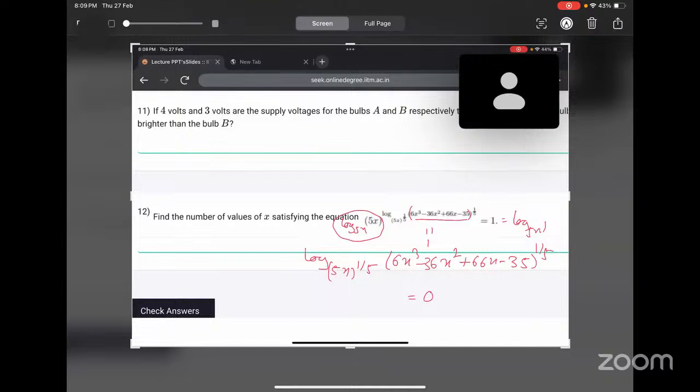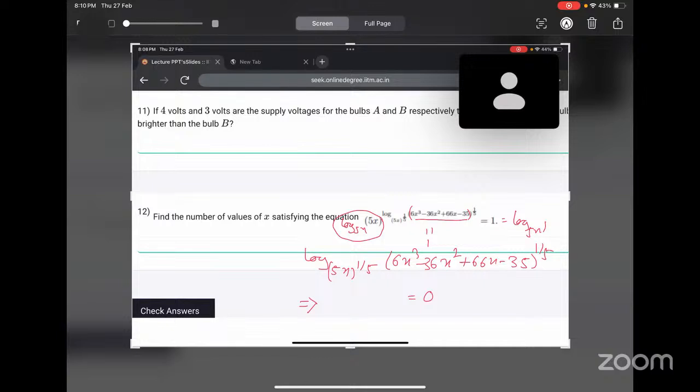Then what we did, what can we do after that? What should be the next line? Anyone?